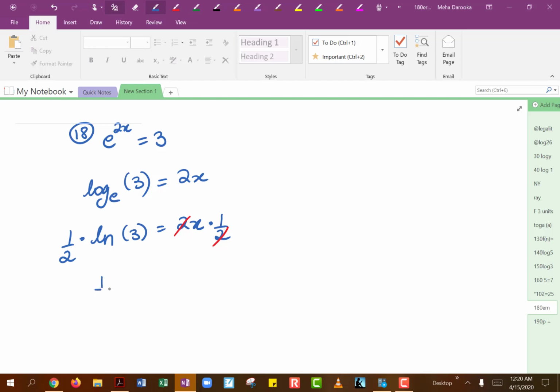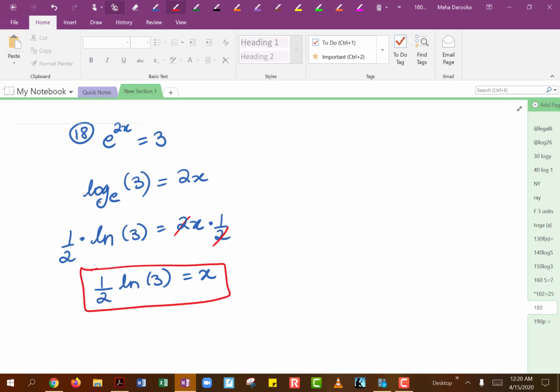Again, if they want an exact answer, stop right here. If they want a decimal approximation, then you can throw this into your calculator. Okay? So remember, we never leave log of base 10 with base 10.